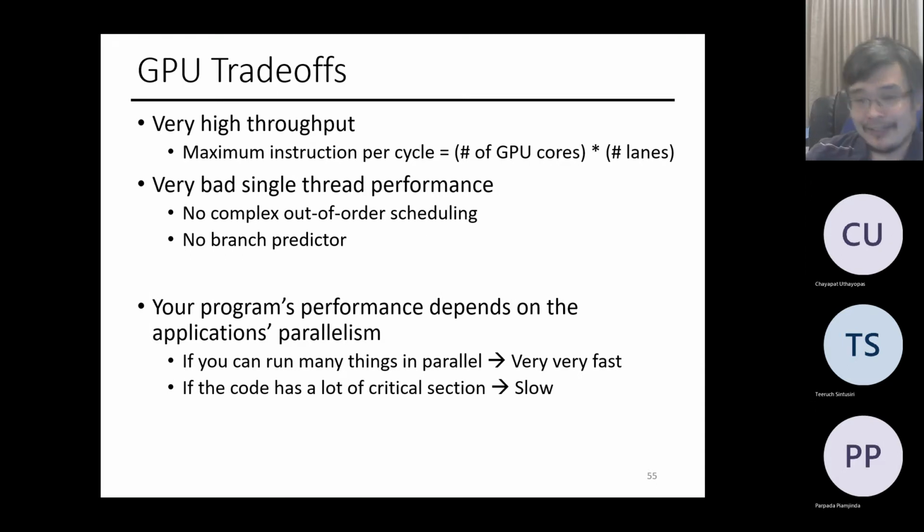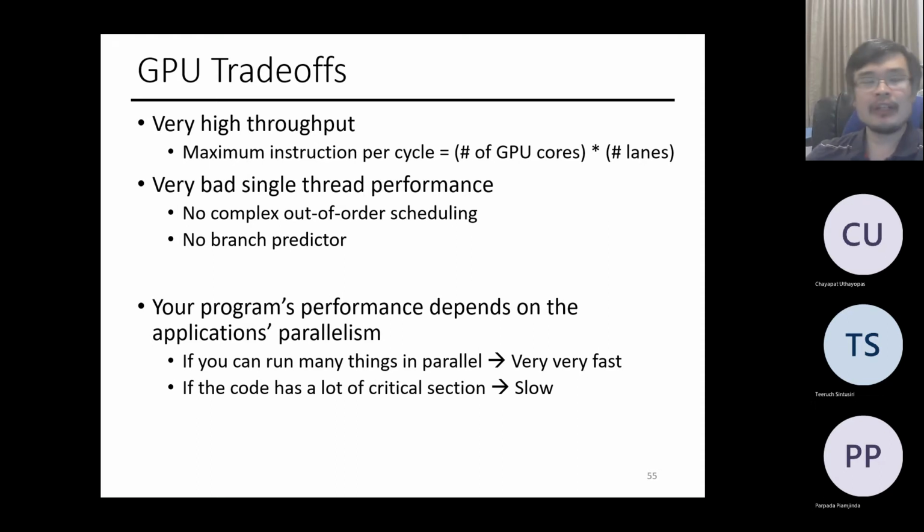And when you parallelize it, if it's not the exact same instruction, then the performance will tank. It will go down so much that you don't ever want to run them on the GPU. That's the trade-off, right? So this is one thing I want you to take away from this lecture. GPU is not perfect. It does have a huge trade-off. Your code can be really fast or really, really slow based on the nature of the algorithm your code is running, right?